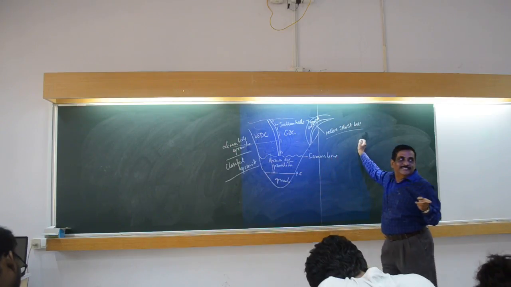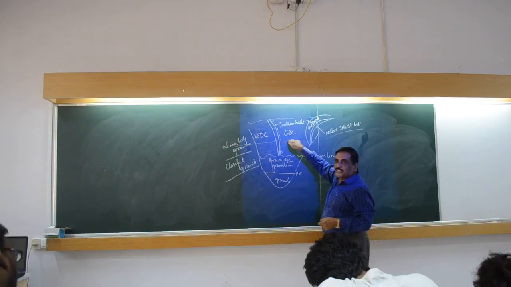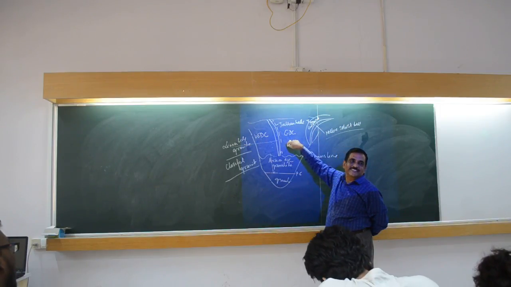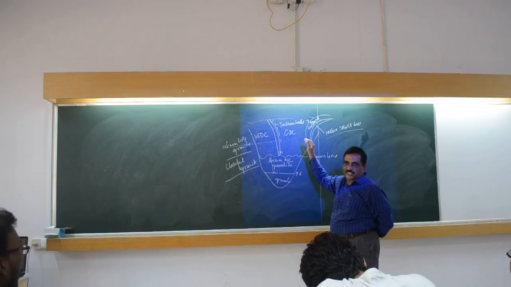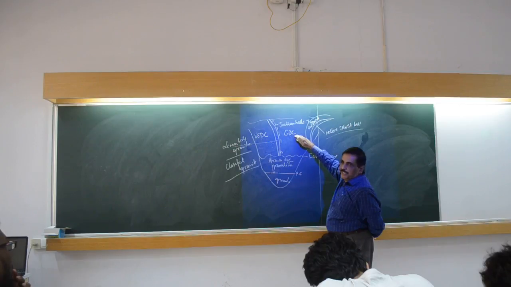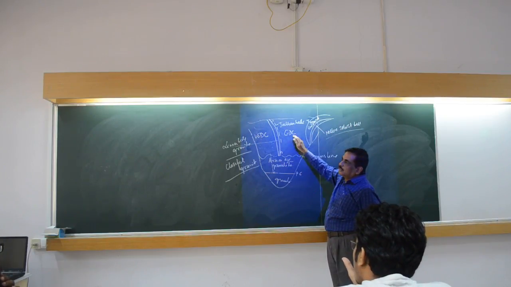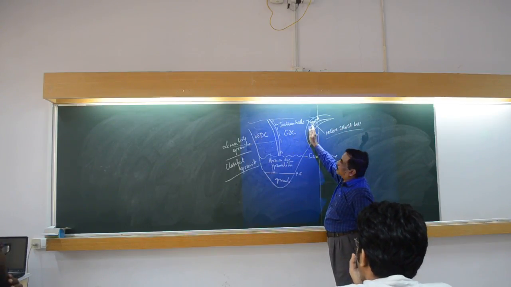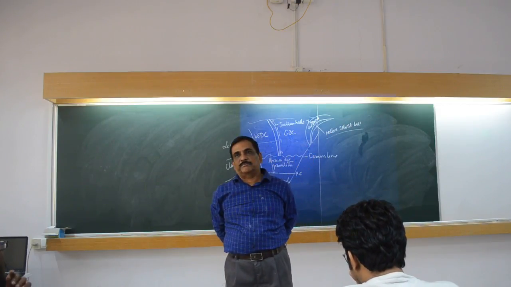East of Kadapa. So there is an opinion that the Nellore schist belt is part of the eastern Dharwar craton. Some people say it may be different. So eastern Dharwar craton पर Kadapa deposit हो गया, इससे नीचे हो गया है exposed. Some people say no, this is a separate belt from the eastern Dharwar craton. Some people say no, eastern Dharwar craton and Nellore schist belts are one and the same, part of the eastern Dharwar craton.